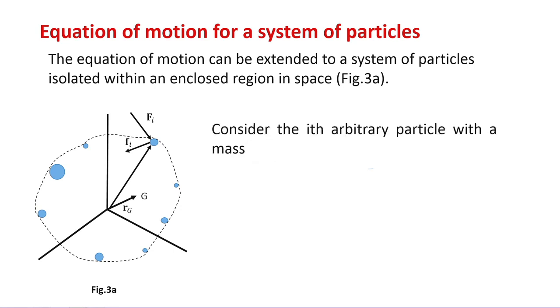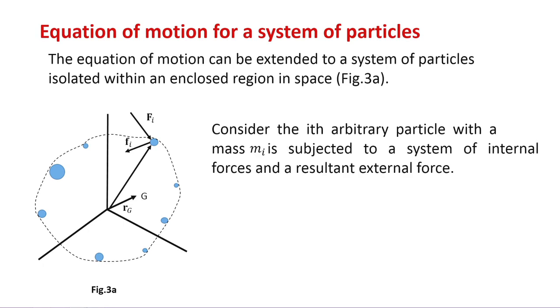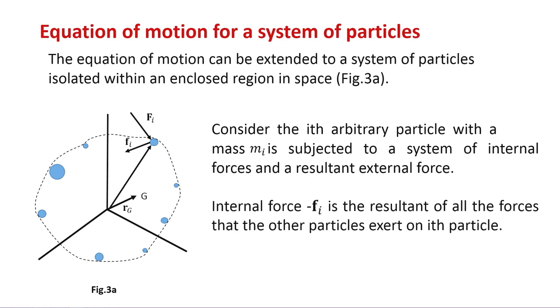Consider the ith arbitrary particle with a mass mi, subjected to a system of internal forces and a resultant external force. The internal force, small fi, is the resultant of all forces that the other particles exert on the ith particle.